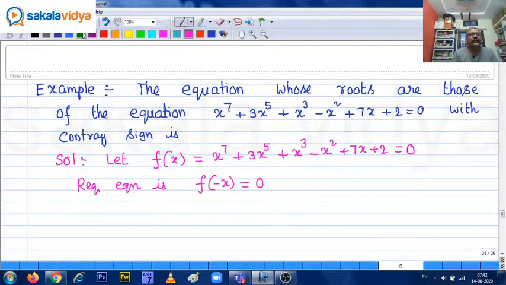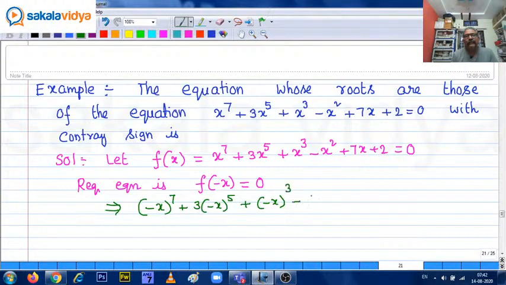So what do we get now? In the place of x, substitute minus x: minus x to the power of 7 plus 3 times minus x to the power of 5 plus minus x whole cube minus of minus x whole square plus 7 times minus x plus 2 equals 0.